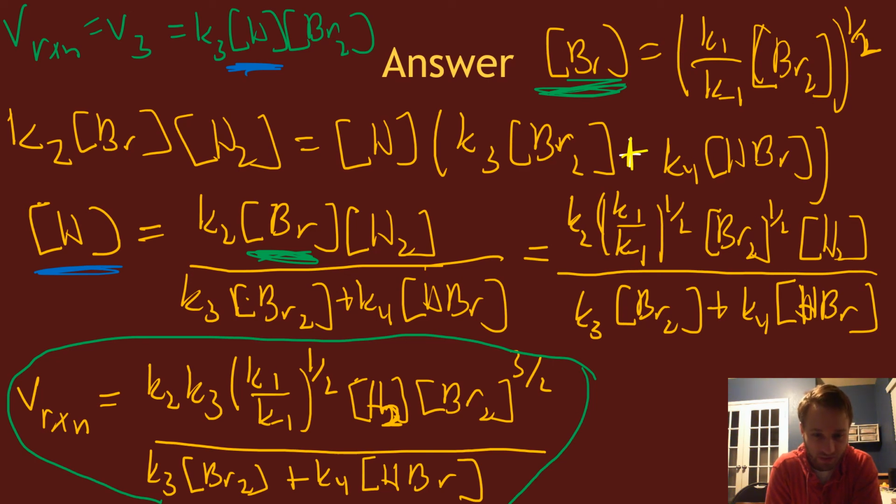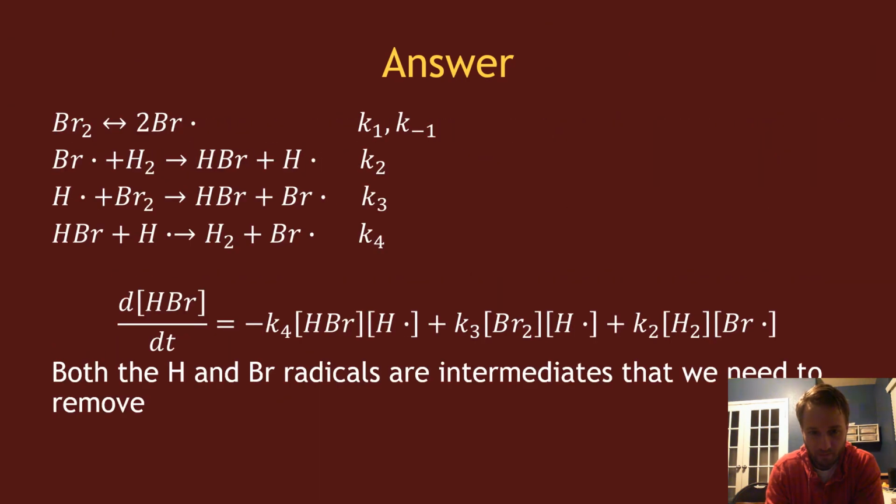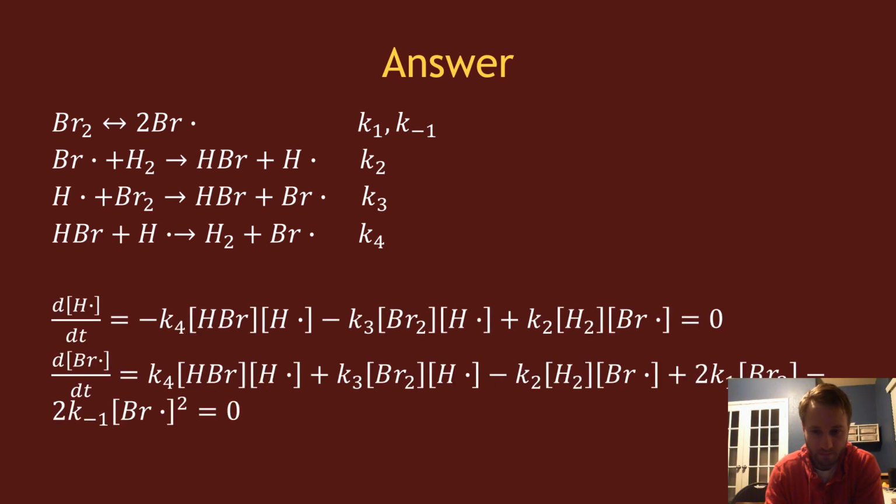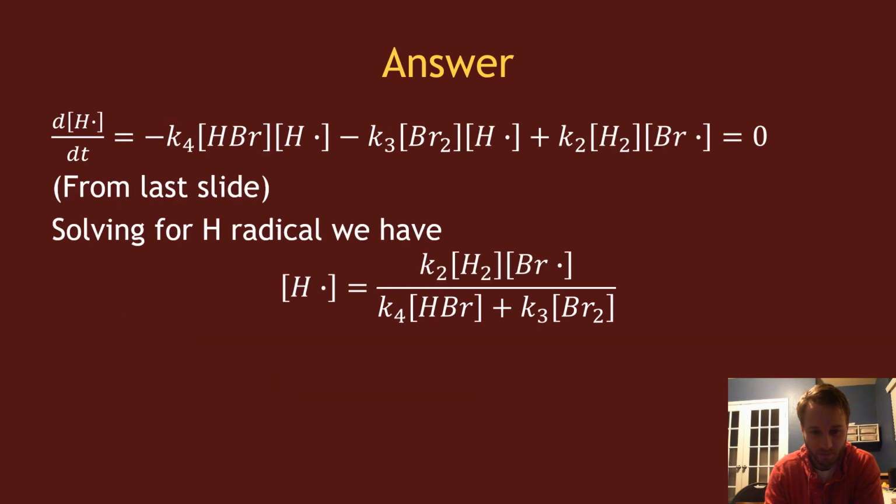And again, you'll see that doing this in a different way, on the slides, you get the exact same answer. So we'll fast forward through that. How I did it in the slides was I originally solved for d[HBr]/dt. I had these two differential equations with two unknowns.